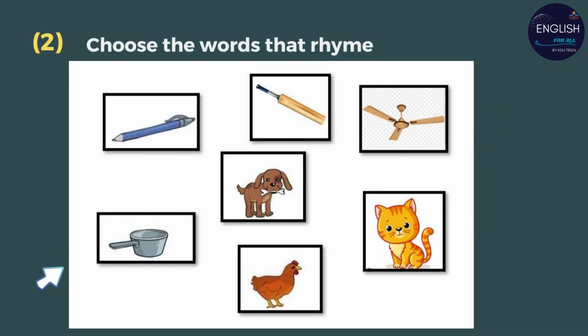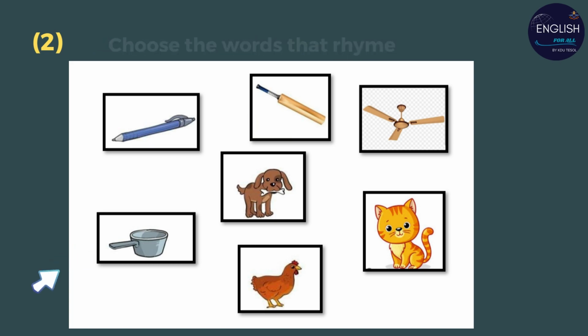The second activity is to choose the words that rhyme. Here we can give some pictures with common items that rhyme, like bat, cat, fan, pan, hen, pen. Then ask learners to match the pictures that rhyme. Learners with dyslexia might struggle with rhyming and recognizing combinations of sounds more than others.